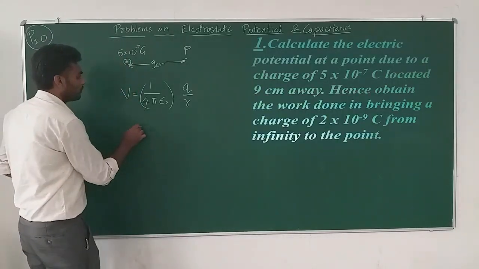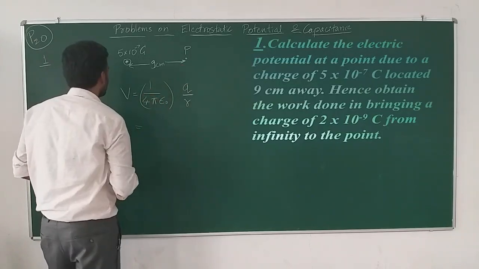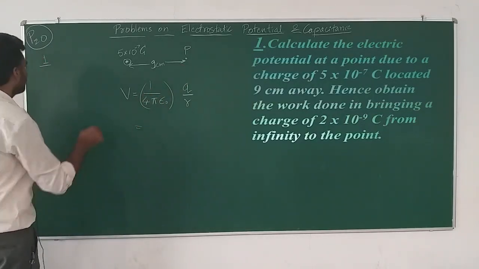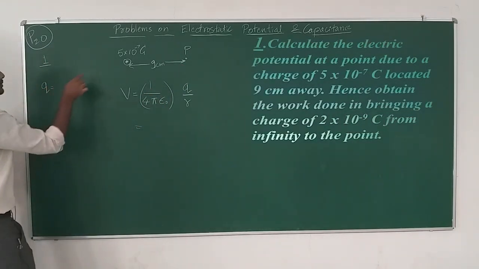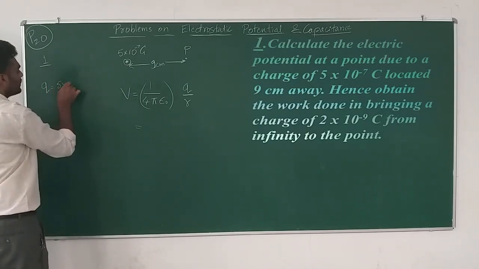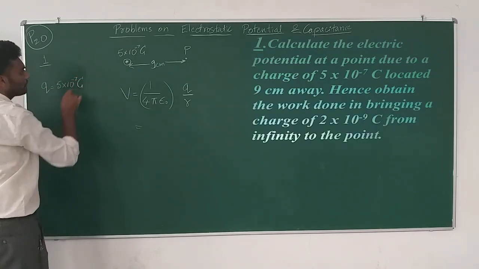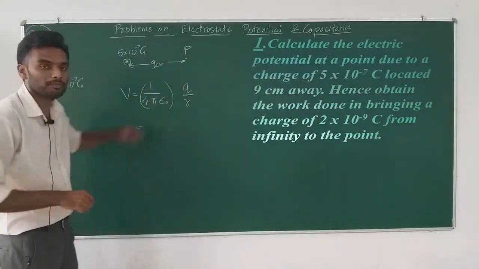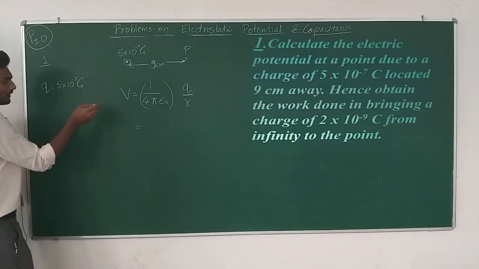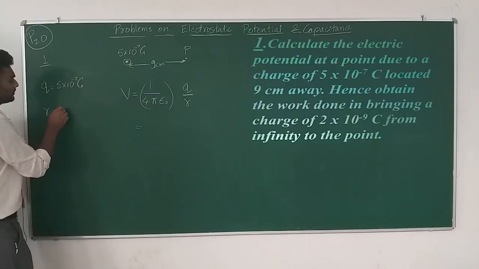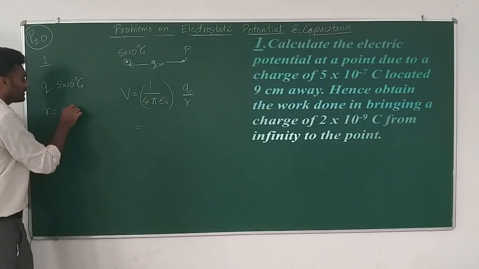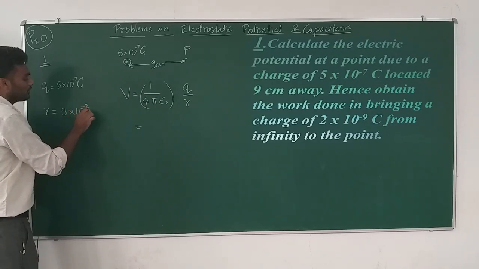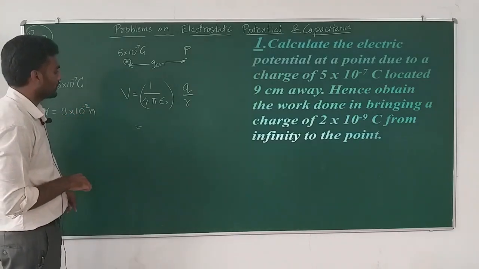So now the potential at this point. Let me write the given data since this is the beginning. The charge given, Q, is equal to 5 into 10 to the power of minus 7 coulomb, and the distance of separation from the charge to the point P, let me call that R, is equal to 9 centimeter, which I will write as 9 into 10 to the power of minus 2 meter, right?